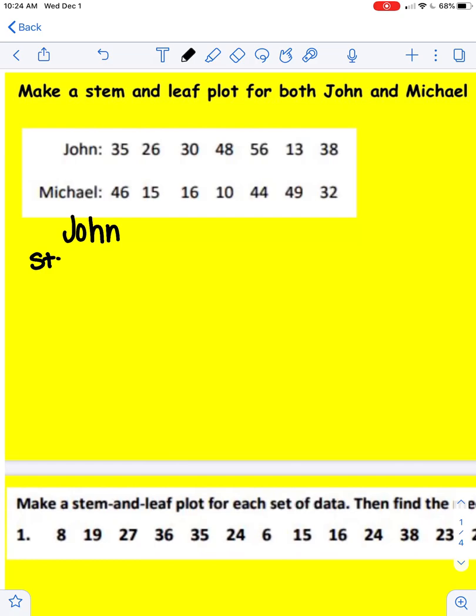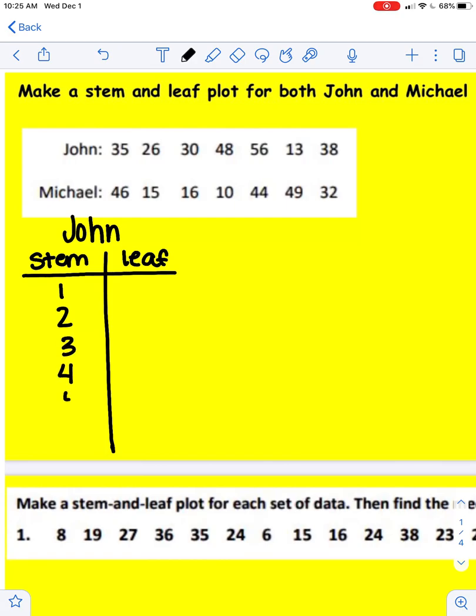So we're going to label one side as stem, one side as leaf. And we're going to make just a T-chart just like this. And I see that I'm going to have 10s, 20s, 30s, 40s, and 50s. So the first thing I'm going to do, I've got 13 right here, so I'm going to put a 3.